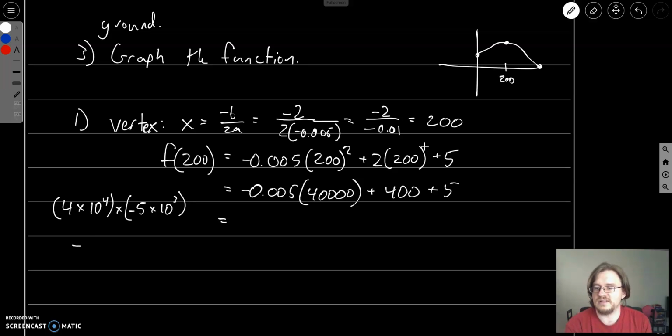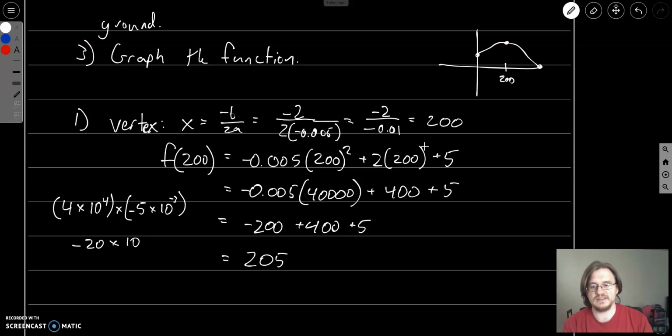So when we multiply these, we'll get negative 20 times 10 to the negative 3rd power times 10 to the 1st power. This is going to be minus 200 plus 400 plus 5. Minus 200 and 400 is 200, plus 5 is 205. So this is the height.